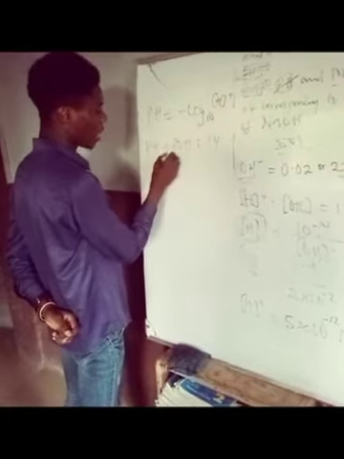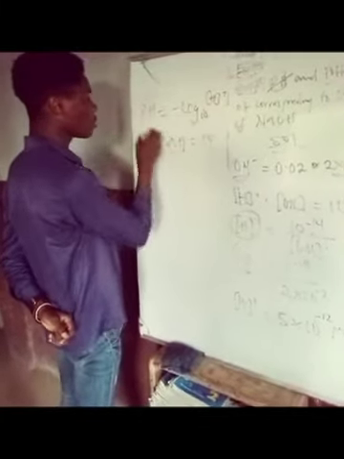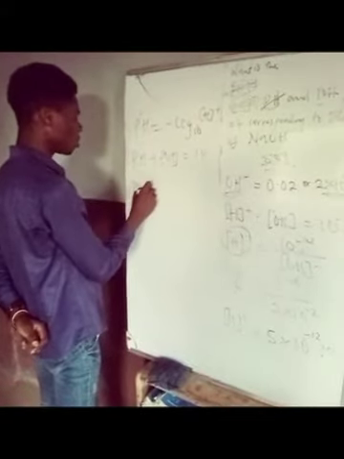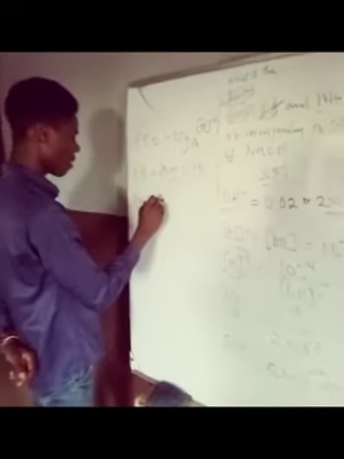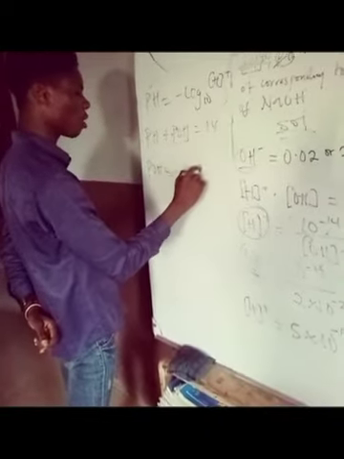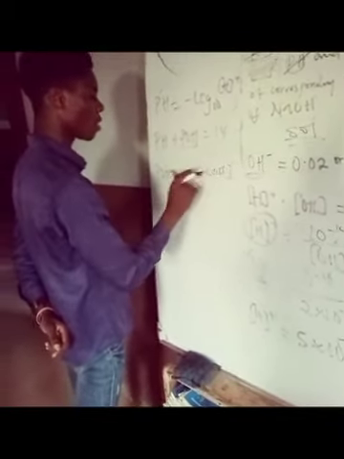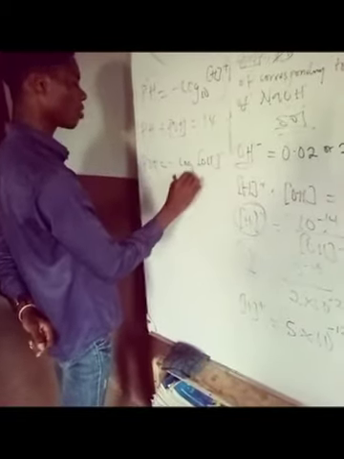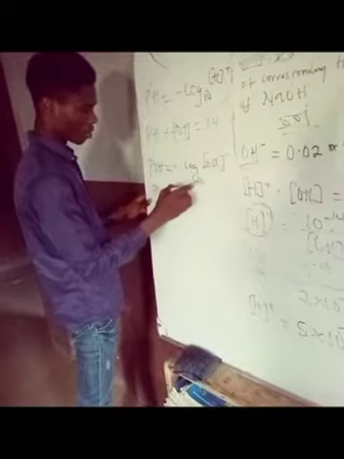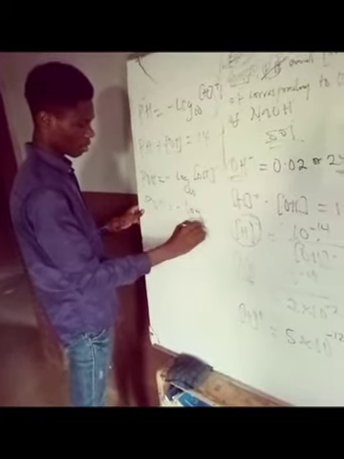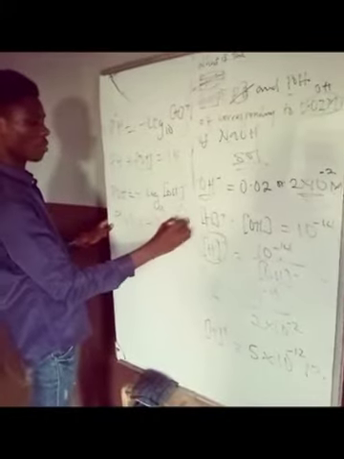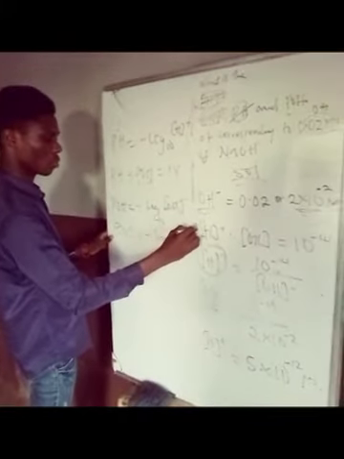But for me to use this, I will have to find my pOH first. Let me make use of this because this is too simple. So for pOH, we say our pOH equals negative log of OH. So pOH equals minus log 10 of what? What's our OH? 2 times 10 raised to power minus 2.